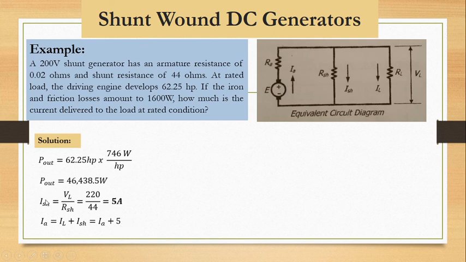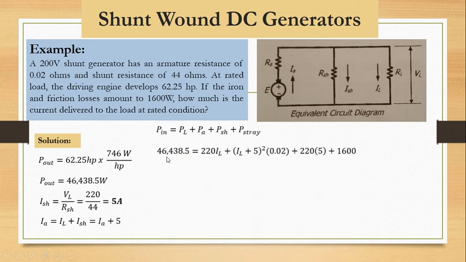To find the current delivered to the load, we are going to use the input power. Pin is equal to PL plus PA plus PSH plus the iron and friction losses. The power the driving engine develops is the input, Pin.